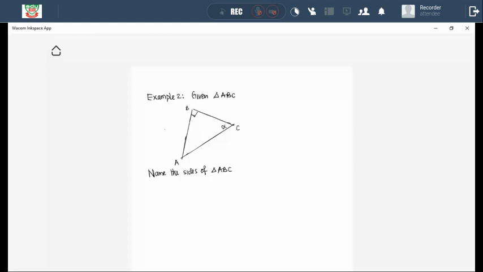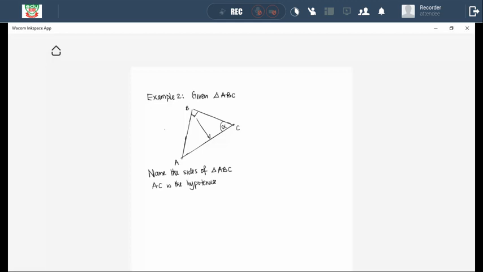That's where our reference angle is. Remember, you cannot name the sides of a right angled triangle before identifying the reference angle. So my reference angle is alpha. Once that is the reference angle, first I can see that AC is the hypotenuse. This side is the hypotenuse.